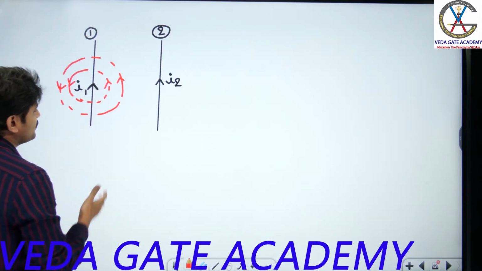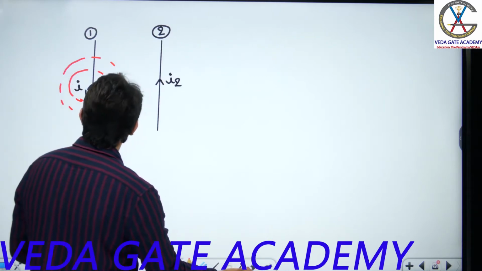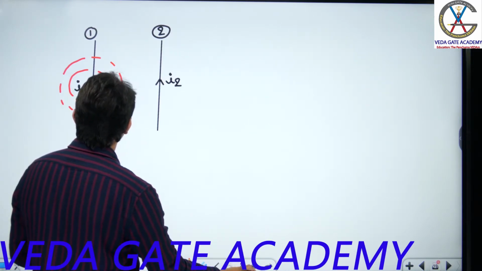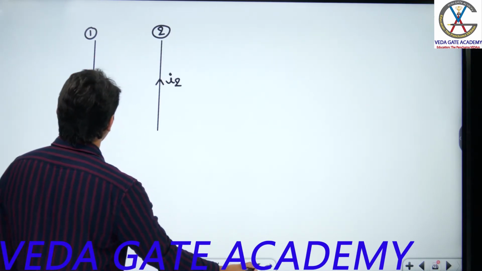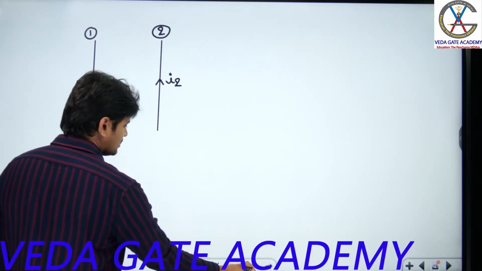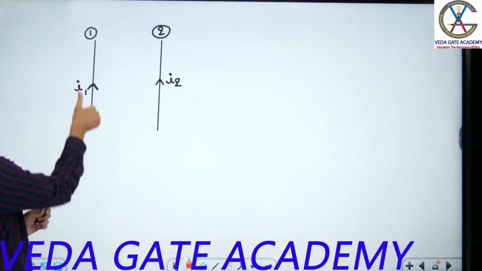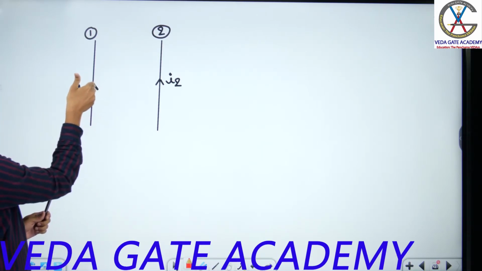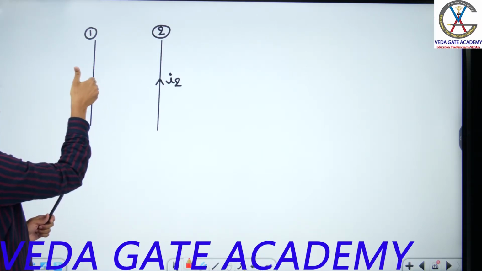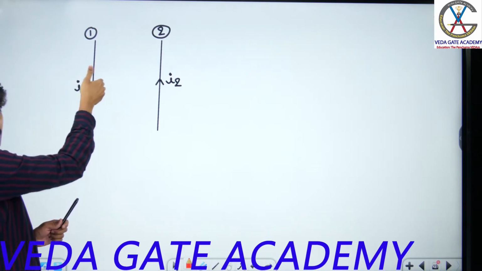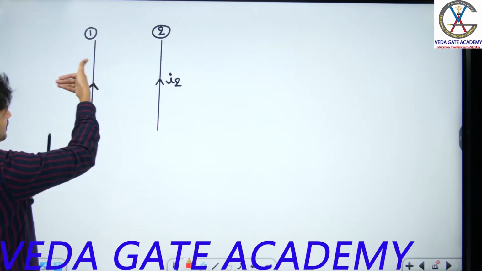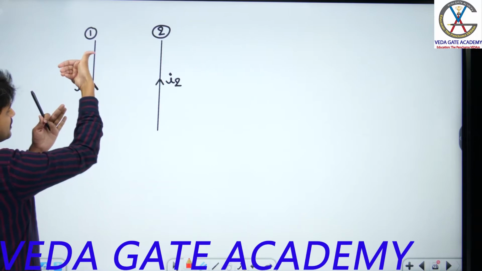So instead of representing this in a circular fashion and making the diagram clumsy, I am going to represent it in a simple manner so you can understand. My thumb is in the upward direction, so my four fingers are entering into the plane on the right hand side of conductor 1, whereas on the left hand side of conductor 1 my four fingers are moving out of the plane.